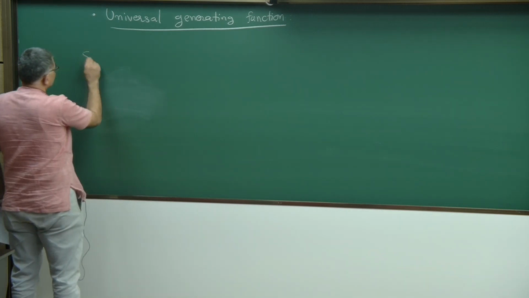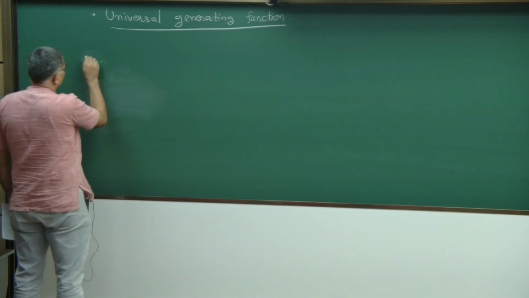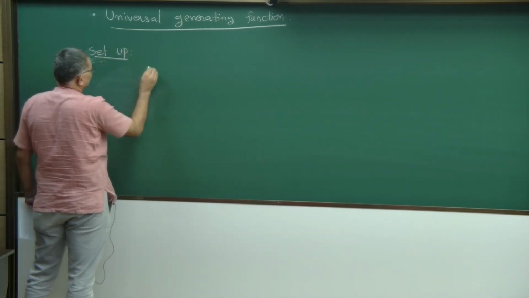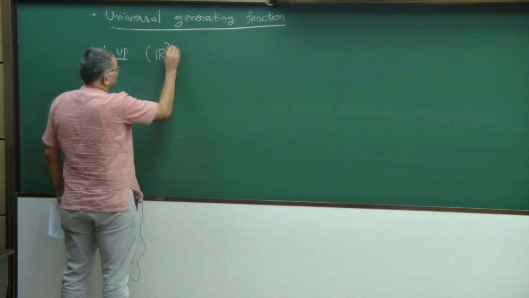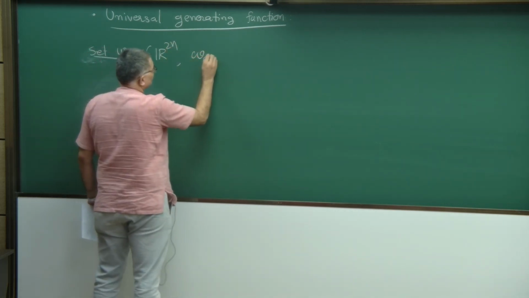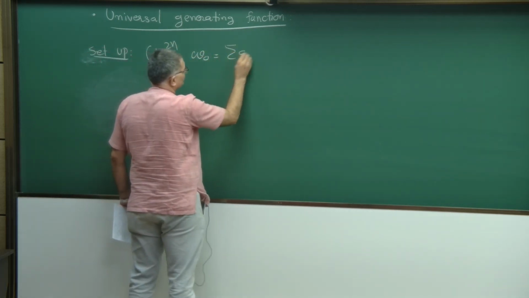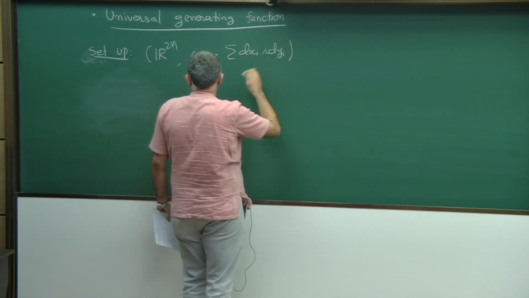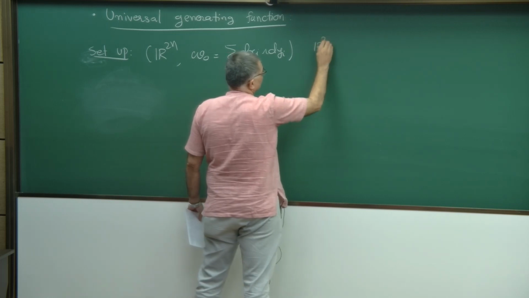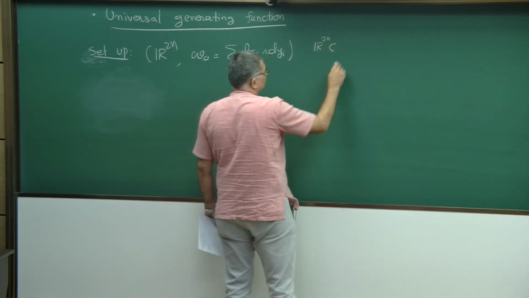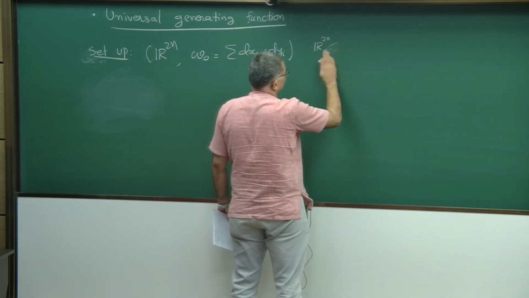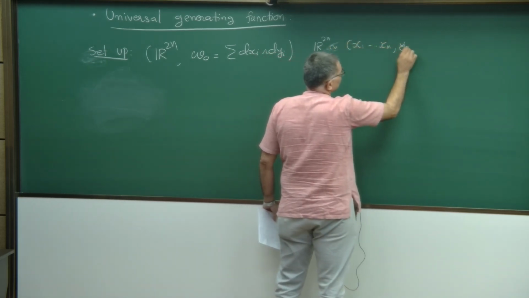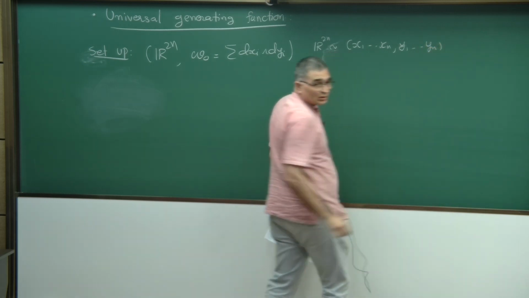As usual, let me write here. I have R2n with my symplectic form and where I am giving R2n coordinates.